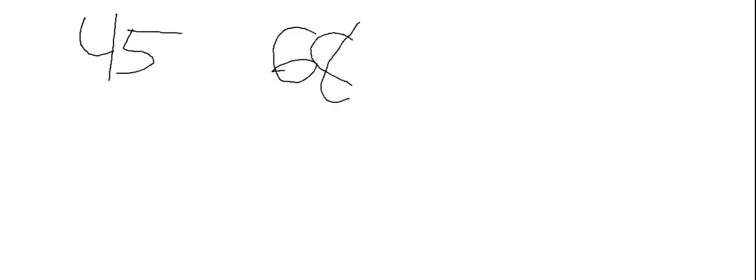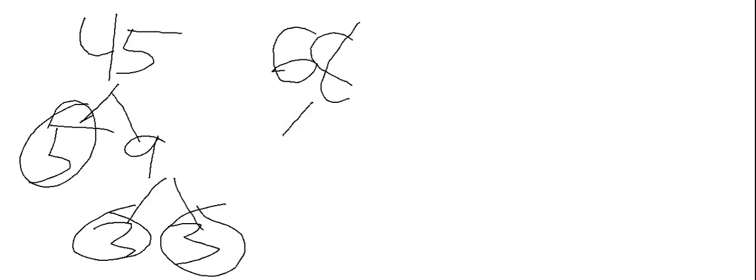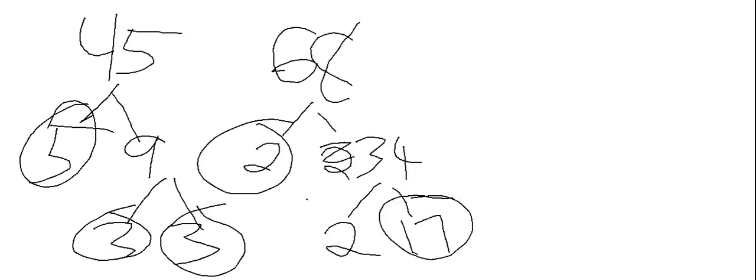But let's try it with 45 and 68. 45 is 5 times 9, and 9 is 3 times 3. 68 is, we could do 2 times 34. 34 is 2 times 17, and even though 17 is a big number, it's still prime.